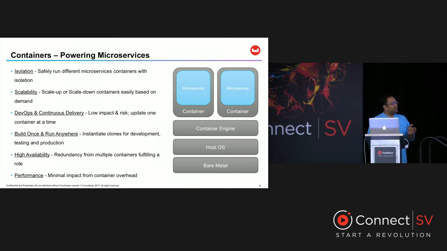But in case of stateful containers, it gets a little bit trickier, and I'll talk a little bit about stateful containers. But in case of stateless, you can spin up more containers instantaneously, so you can have redundancy for your application. Performance is not impacted because it's not running in a guest OS or anything, so it's really lightweight, so performance is not at all impacted.